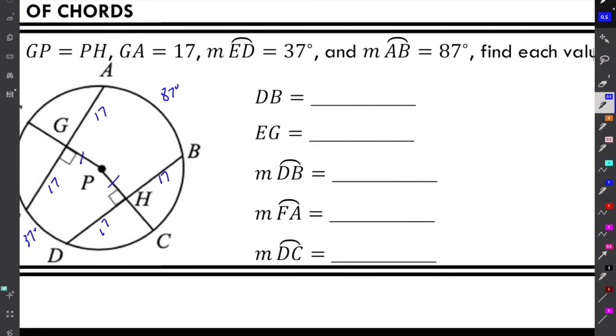We're going to subtract 360 minus 37 minus 87. That's going to give us the sum of my two congruent arcs. When you do that, you get 236 degrees.